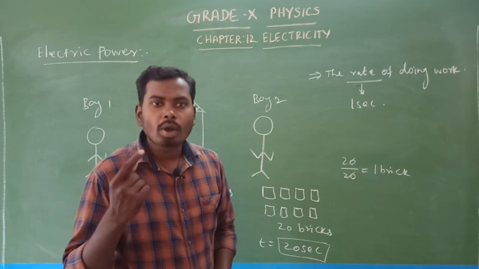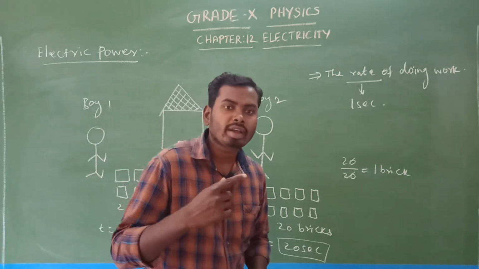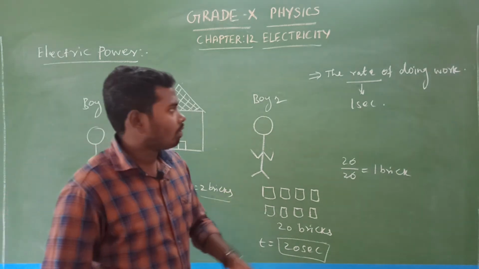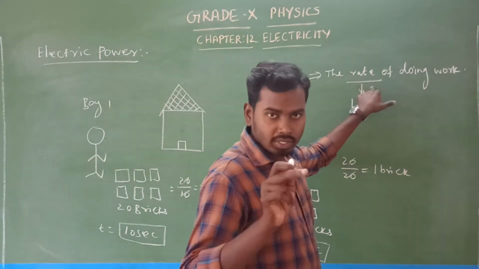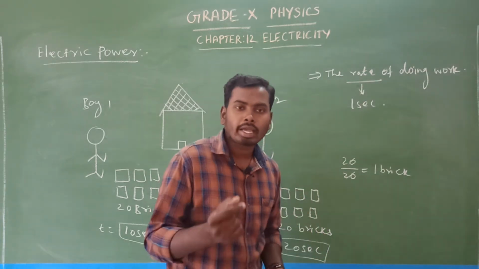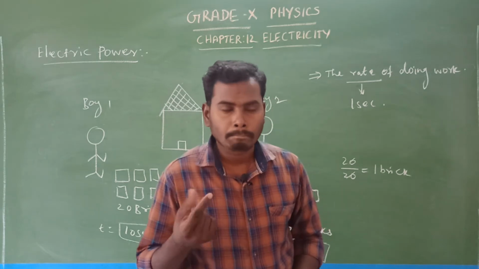Per second, how much amount of work is done, that is called power. In terms of physics, the word rate of doing means per second.